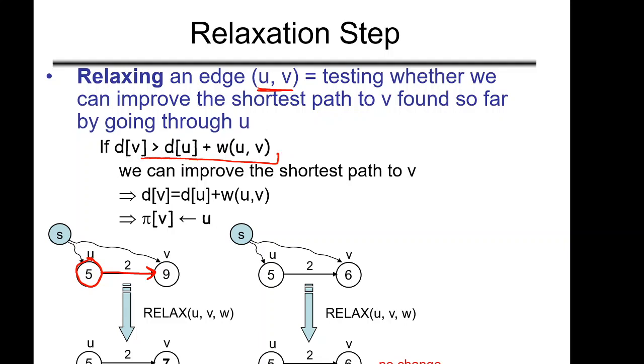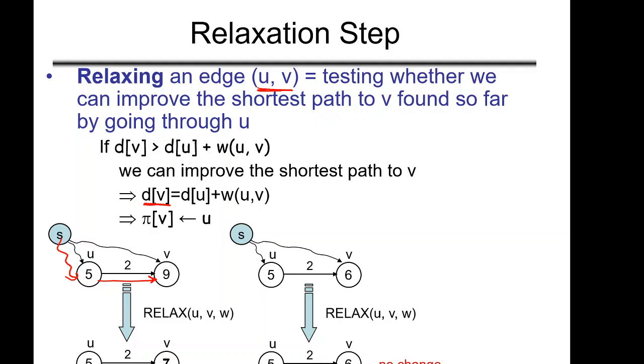If the existing cost at d of v is greater, then we can say that yes, if we follow this path, we take some path and come to u, and then from u we go to v. In this way we can improve the weights. If yes, we say d of v is equal to d of u plus weight of uv, and now the parent of v becomes u.